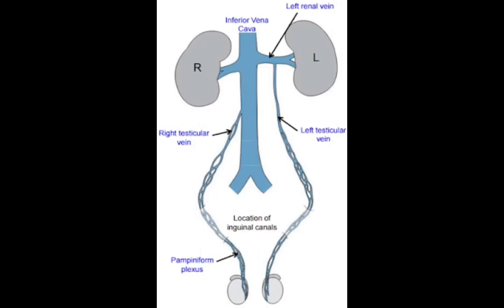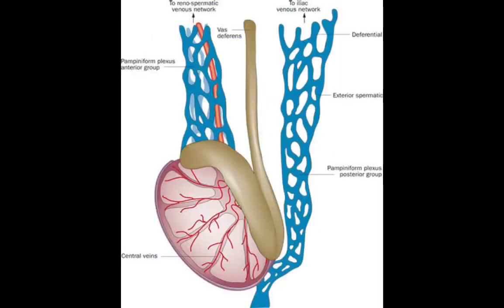The right testicular vein will drain into the inferior vena cava, whereas the left testicular vein will drain into the left renal vein. Now the heat conveyed by the arteries of the testes is mostly absorbed back by the veins of the pampiniform plexus.